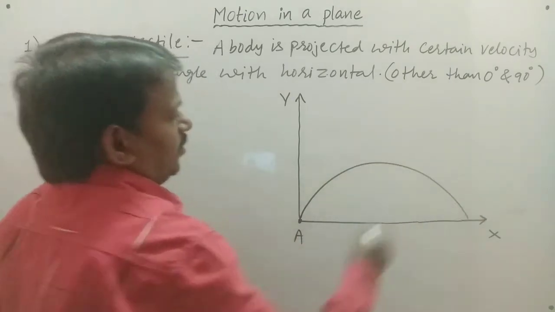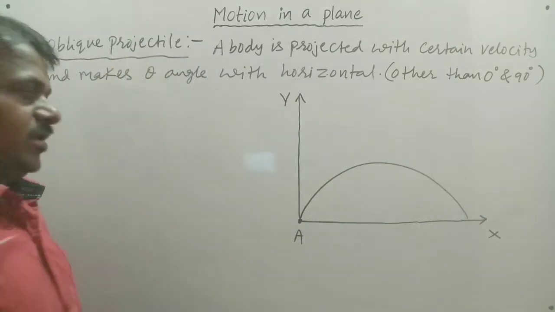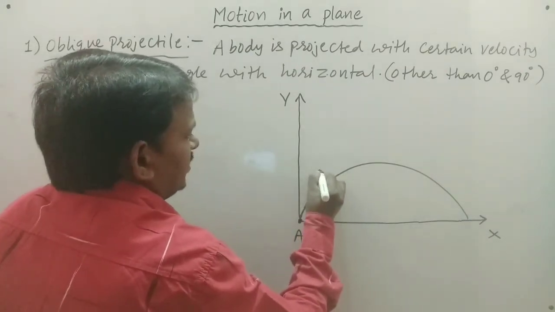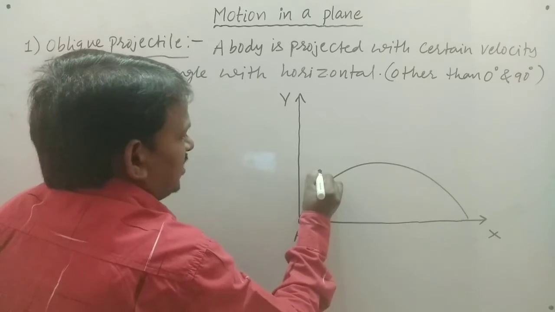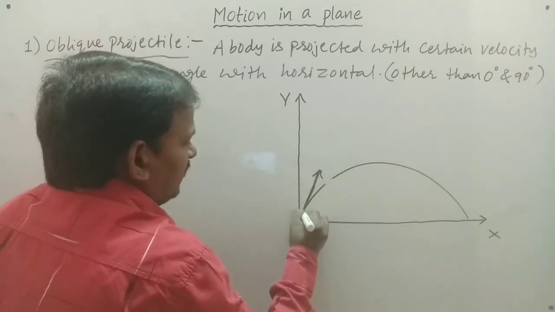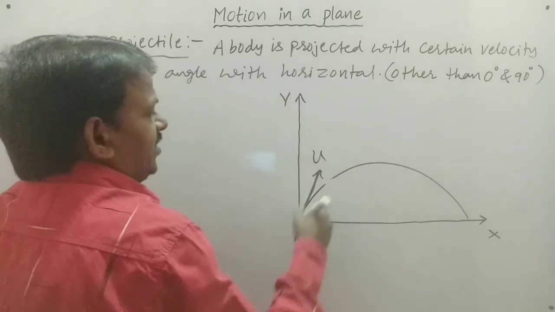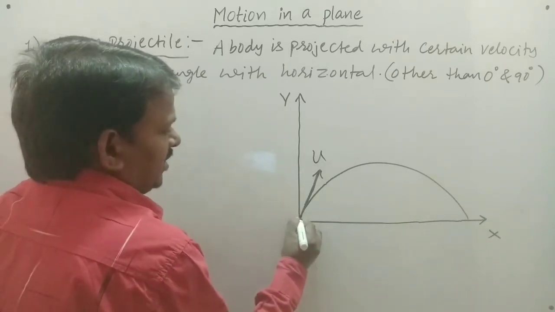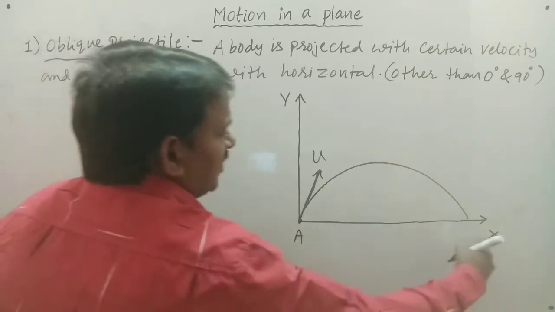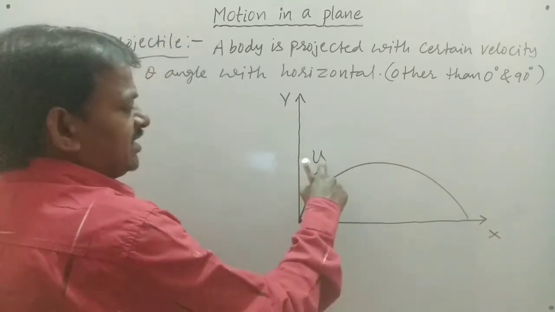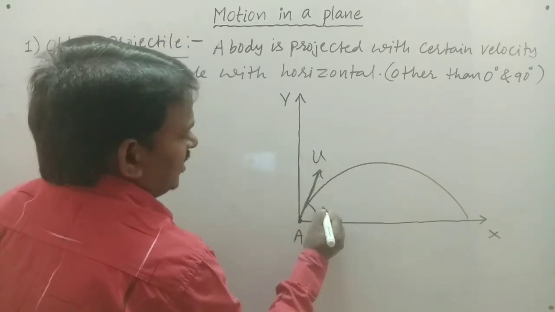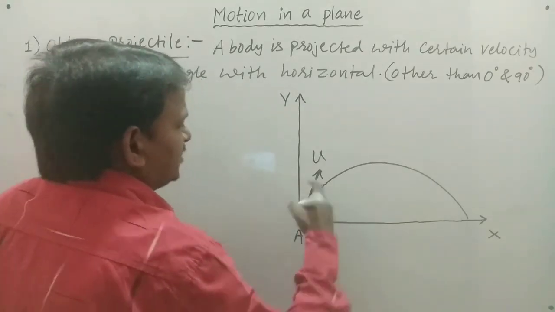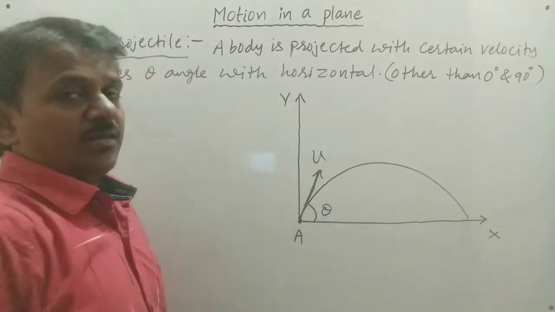Then it will follow a parabolic path. The initial velocity is the direction of the tangent drawn at this point, the origin of this XY coordinate system. This is u, making theta angle with the horizontal. Then it follows this curved path.